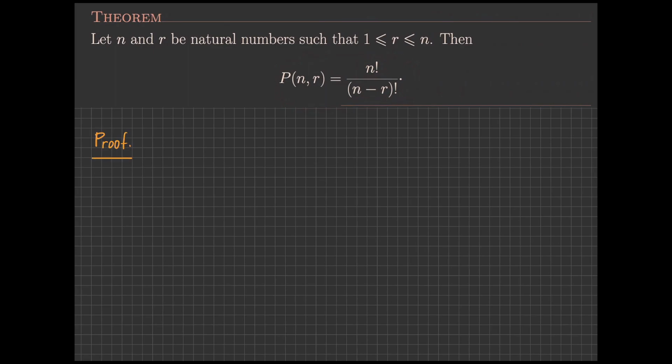We want to prove that the number of ways I can choose r objects out of n distinct objects and arrange them in a row, in a way that order of the arrangement matters, is this number. How can I prove this?